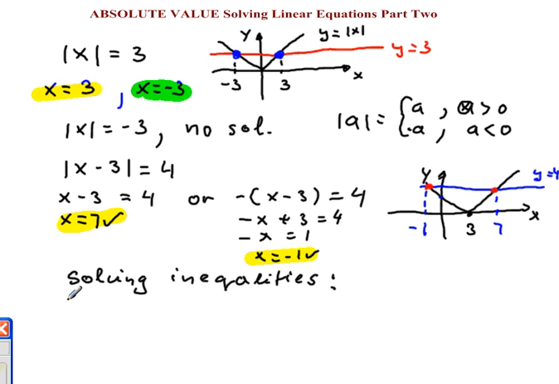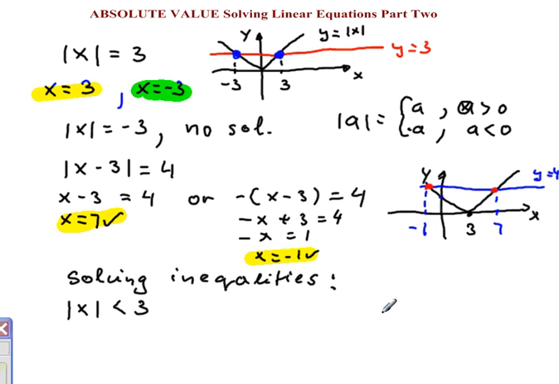Now, solving inequalities involving absolute value. Let's say absolute value of x is less than 3 this time. So you're looking for all values of x whose absolute value will be less than 3. This time, instead of having a definite number or two numbers, the solution will be expressed in terms of an interval or section of a number line.